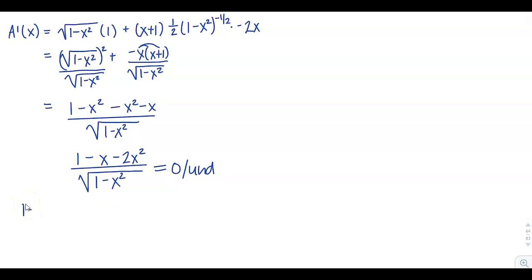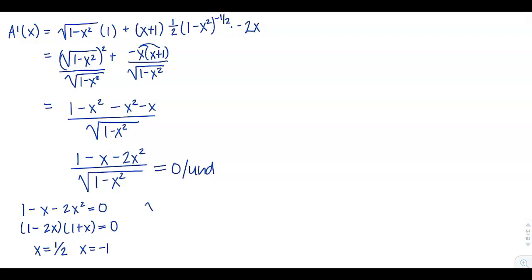So I have 1 minus x minus 2x squared equal to 0, and this factors to (1 minus 2x) and (1 plus x). So it gives me x equals positive 1/2 and x equals negative 1.